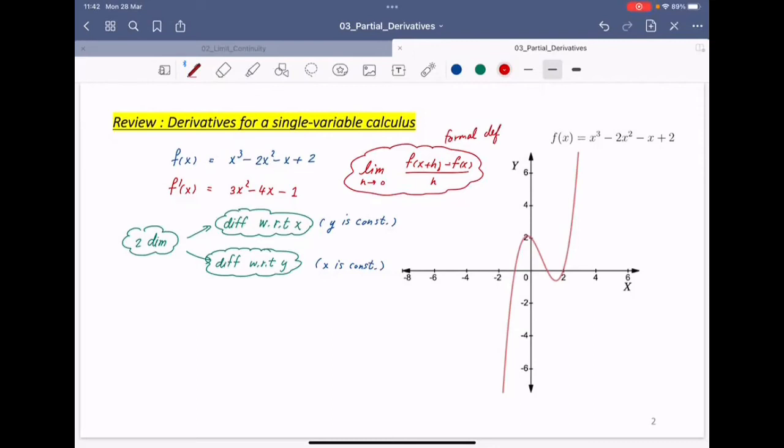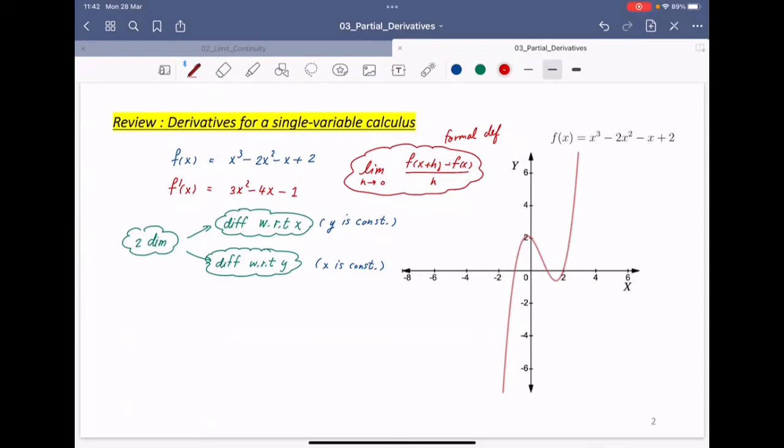We'll talk about the formal definition in two dimensions on Wednesday, extending the same thing into two dimensions. But today, because we only have 5 minutes together, we're going to look at an example. I'll show you how to do it in practice first, and then we'll come back and learn the theory on Wednesday.